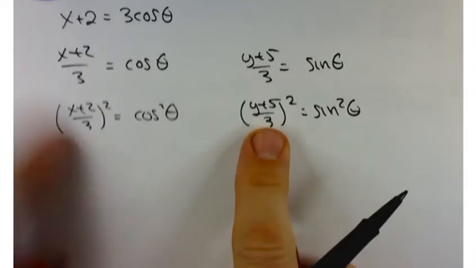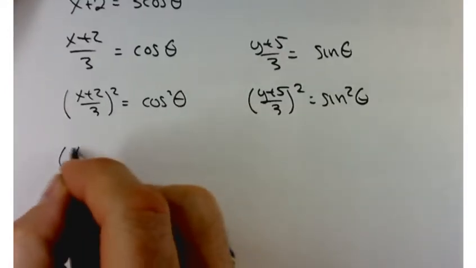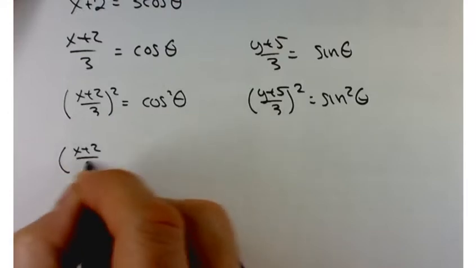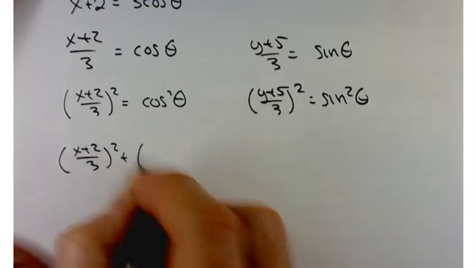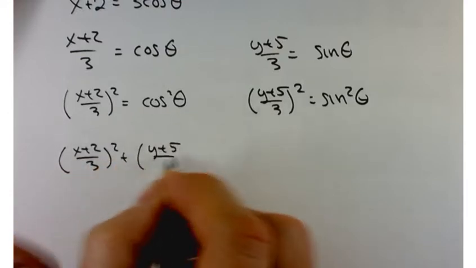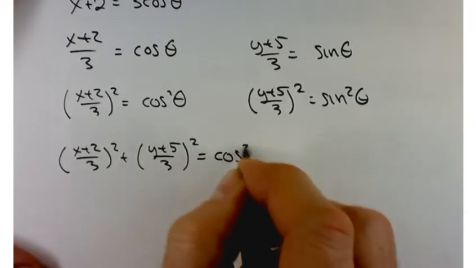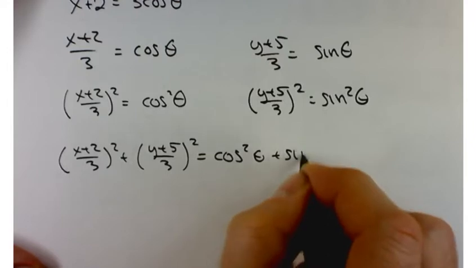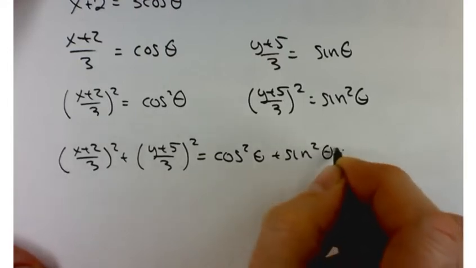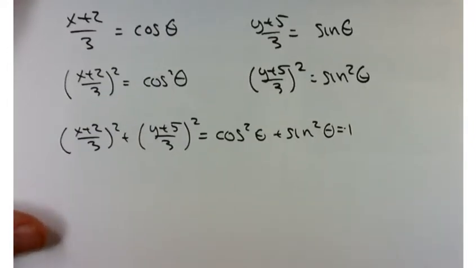If I add those together, I get x plus 2 over 3 squared plus y plus 5 again over 3, whole quantity squared, equals 1. Now, why is this a circle?